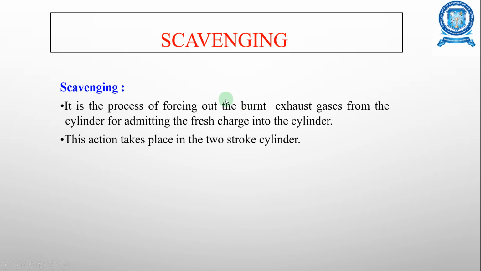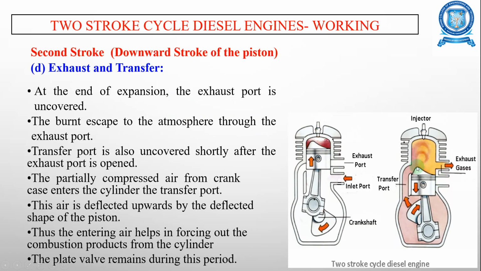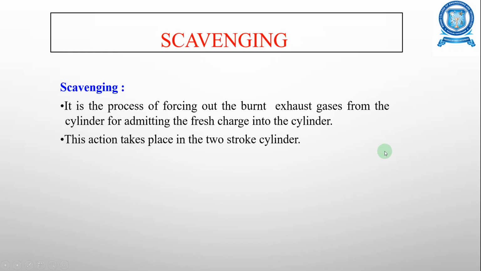Next is scavenging. Scavenging is the process of forcing out the burnt exhaust gases from the cylinder for admitting the fresh charge into the cylinder. Normally this happens in the two-stroke cycle engine. It is the process of transferring the burnt gases from the cylinder to the atmosphere through the exhaust port.